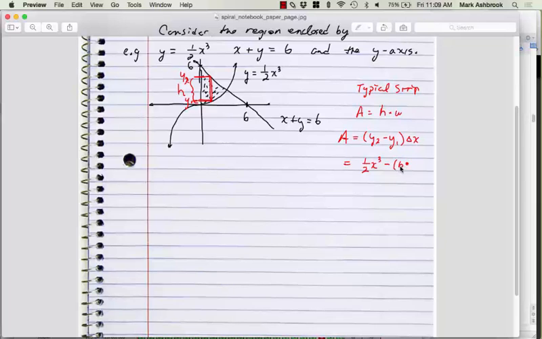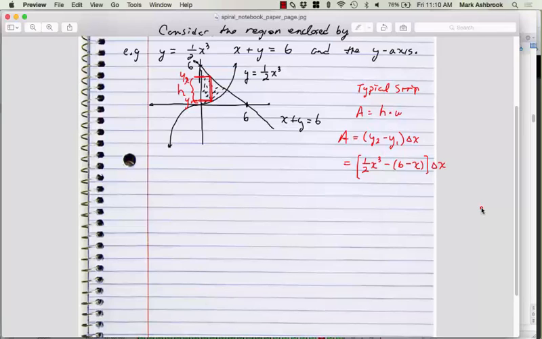Is it right? He wants y2 to be 6 minus x. Whichever one's above. Okay?